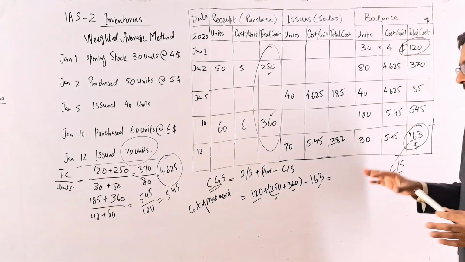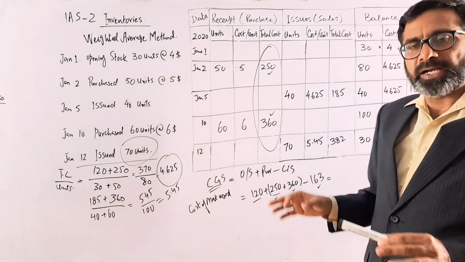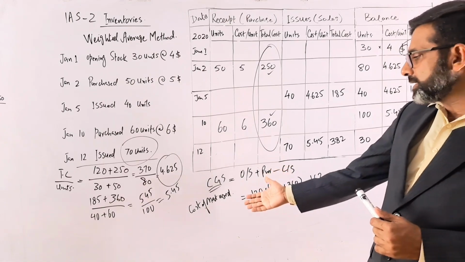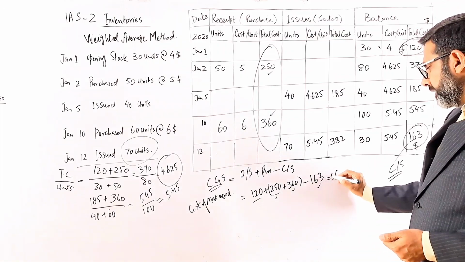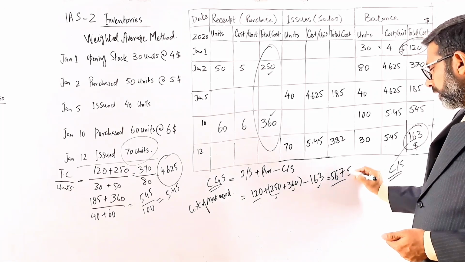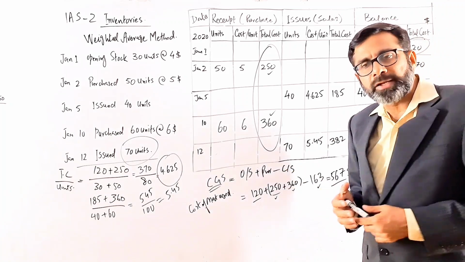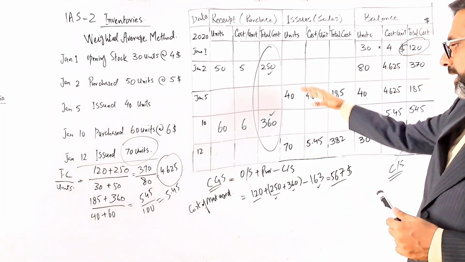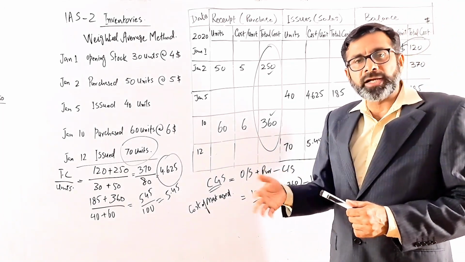From this we can calculate the cost of goods sold if it is a trading organization, but if it is a manufacturing organization, it will be considered the cost of material used. It comes to $567. In this, we haven't considered any purchase return, issue return or sales return.